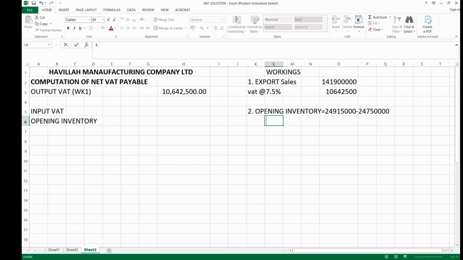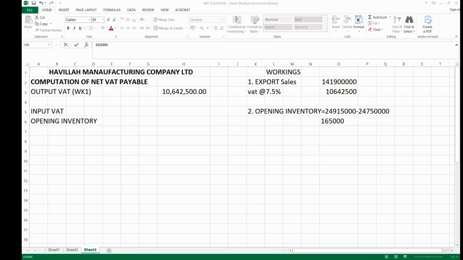So this 165, that is 165,000, is what we are now going to apply our value on.